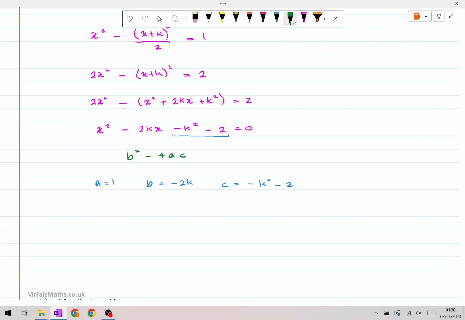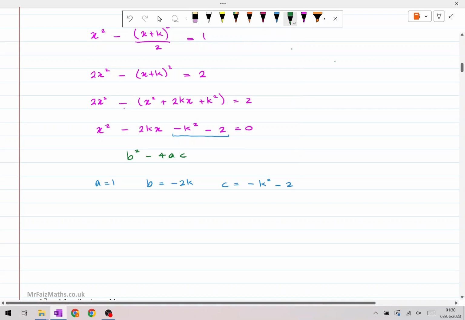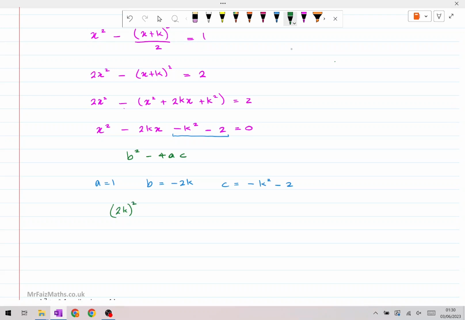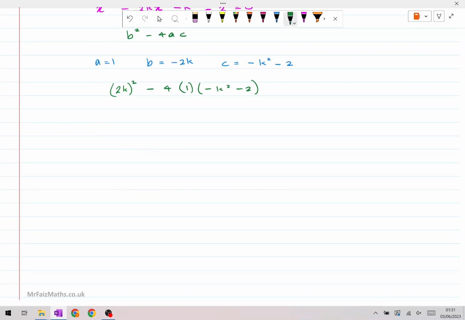So we'll substitute these in. That should give us b squared is going to be minus 2k whole thing squared. Since we are going to square it, we don't really need the minus sign there. I'm then going to have minus 4 times a, which is 1, times c, which is minus k squared minus 2. Let's then expand the brackets out and simplify this.